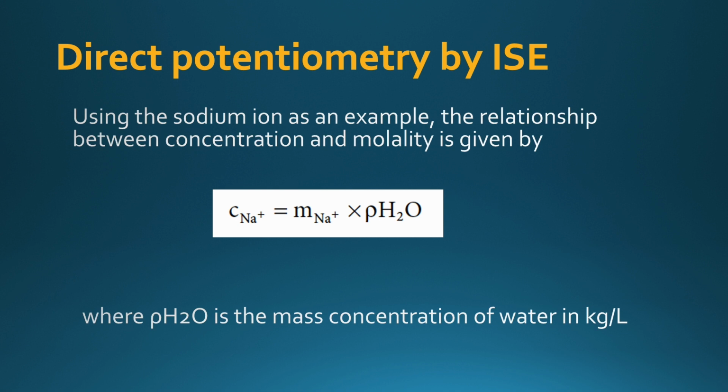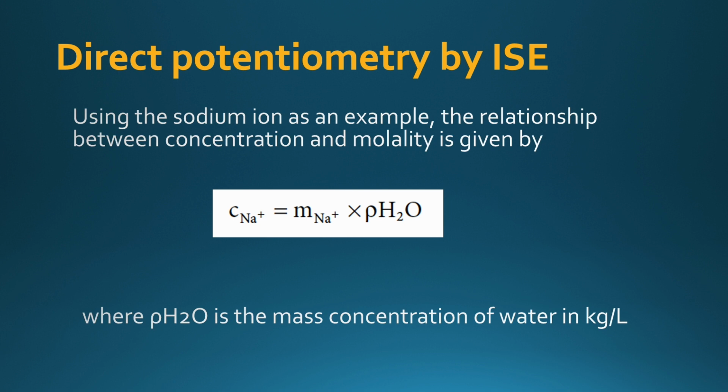Let's take an example of sodium. The concentration of sodium in millimole per liter equals the molality of sodium multiplied by the mass concentration of water.